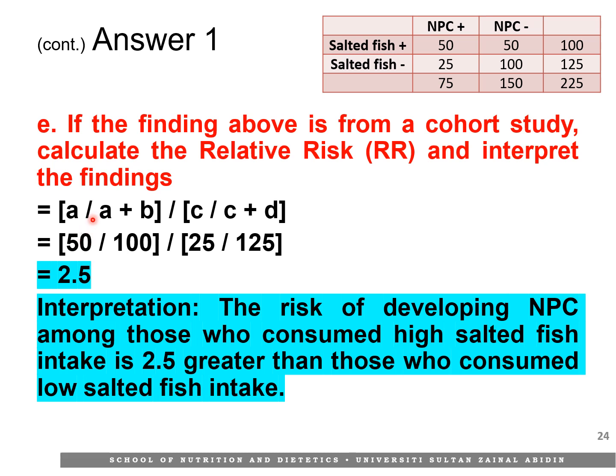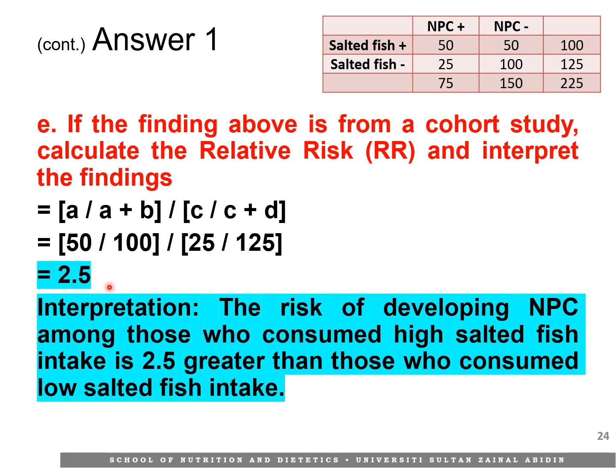A divided by A plus B, and this total is divided by C divided by C plus D. A is 50, A plus B is 100, C is 25, and C plus D is 125. And this will give us a figure for RR equal to 2.5.